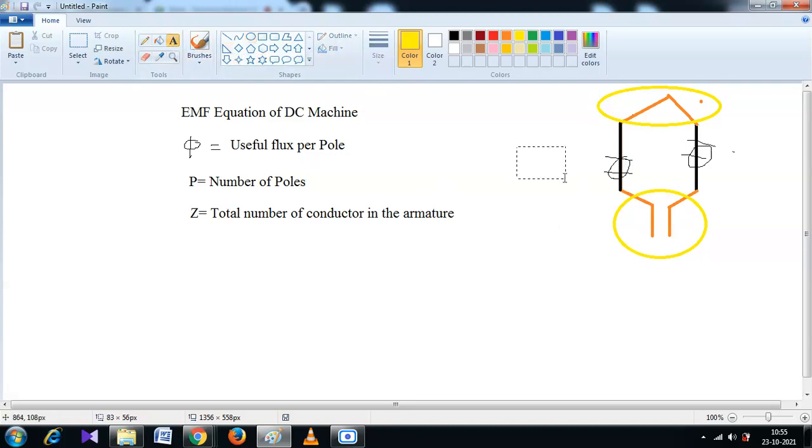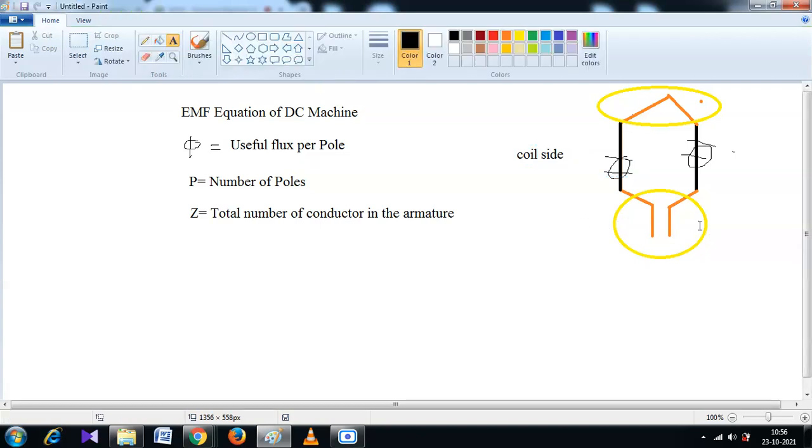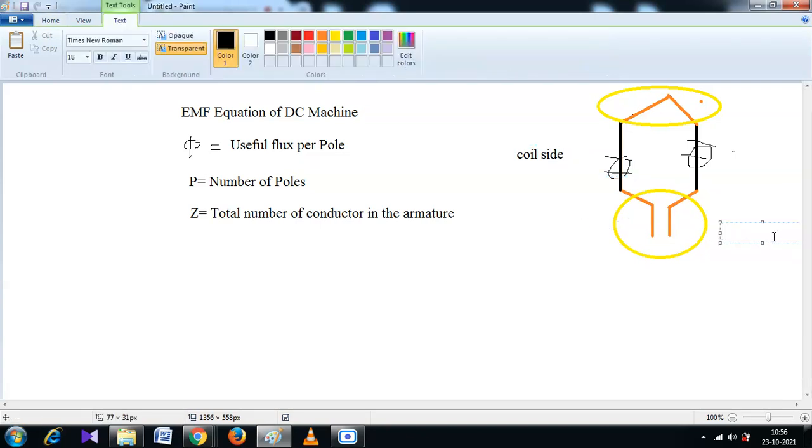So which ones are coil side and coil end?